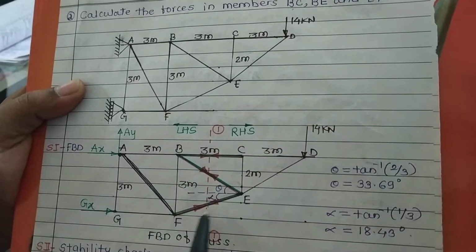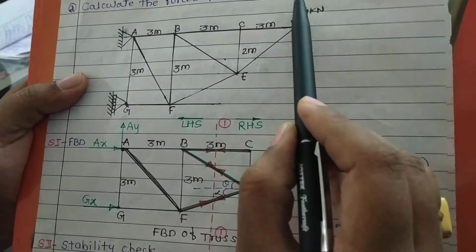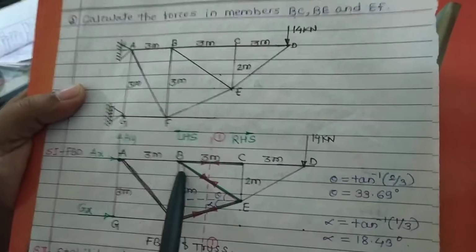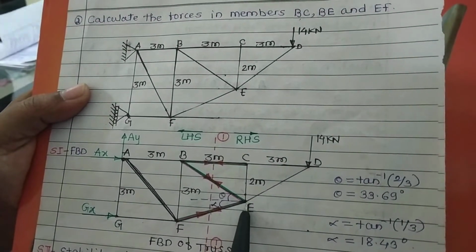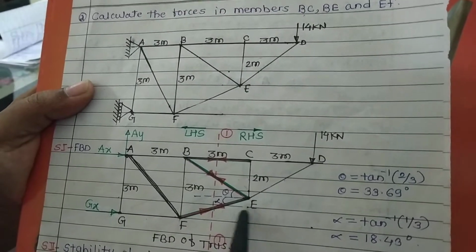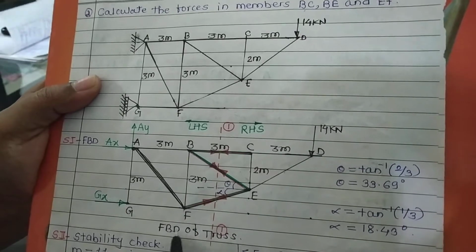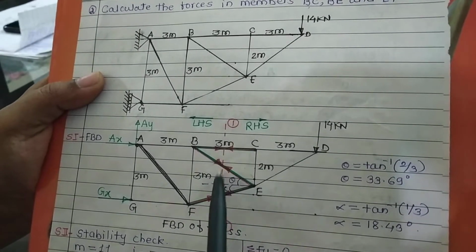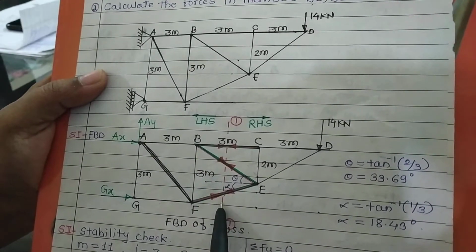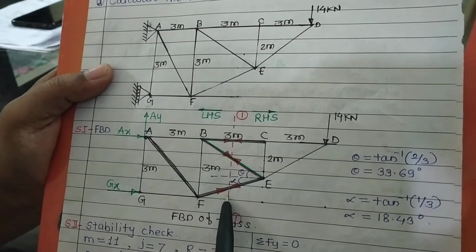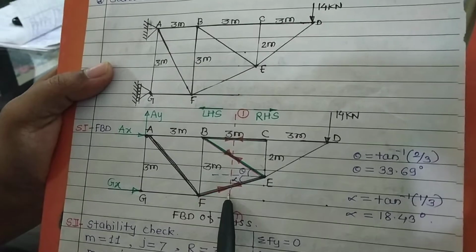Highlight the members which are asked to be found: members BC, BE and EF. I have highlighted them with different colors. For these members, I have to pass a section line so that the truss will be divided into two parts.